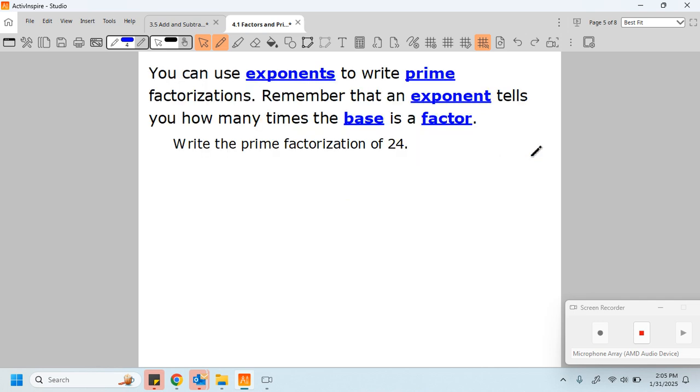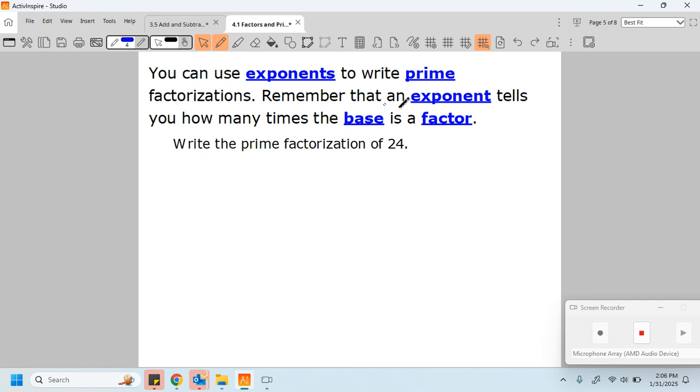Now, you can also use exponents to write prime factorizations. That's writing the factorizations using only prime numbers. In the way that we've been doing it, we have composite numbers, which means that they have more than 2 factors.